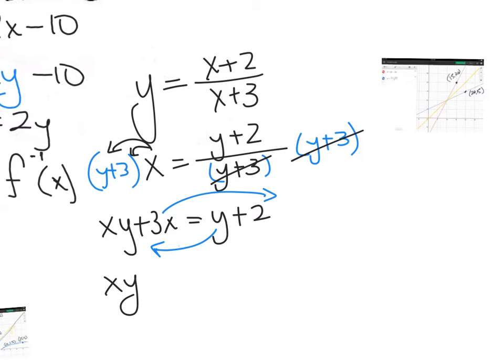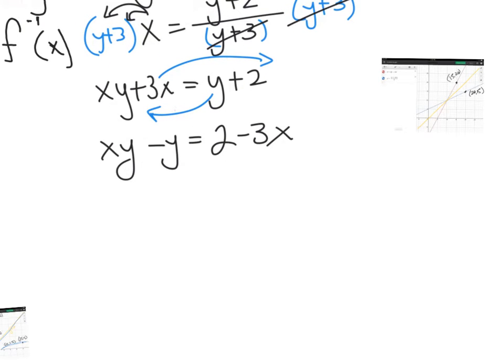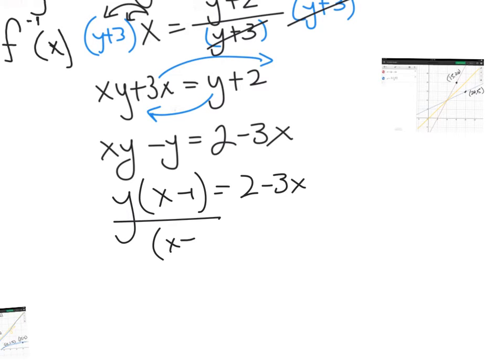So we end up with xy minus y. So I subtracted the y to bring it over here, and I'm going to subtract 3x to bring it over here. And this is helpful to us because, I know it still looks messy, but the trick here is we can factor out the y, because if we factor out the y, we can all of a sudden divide by that thing.